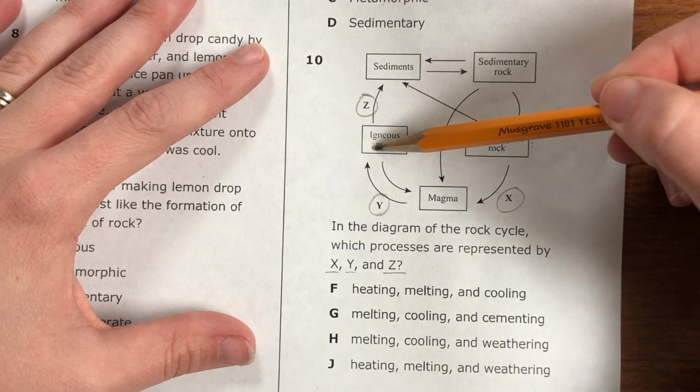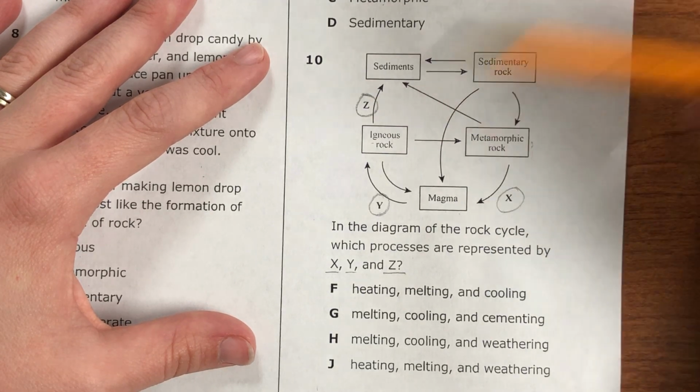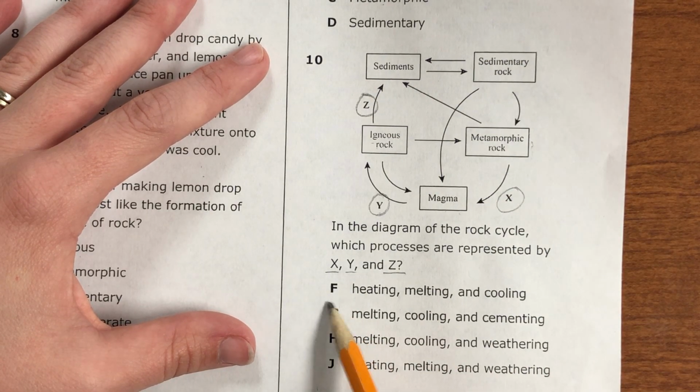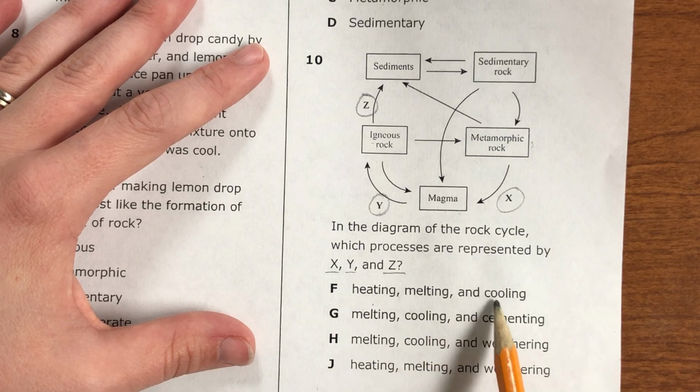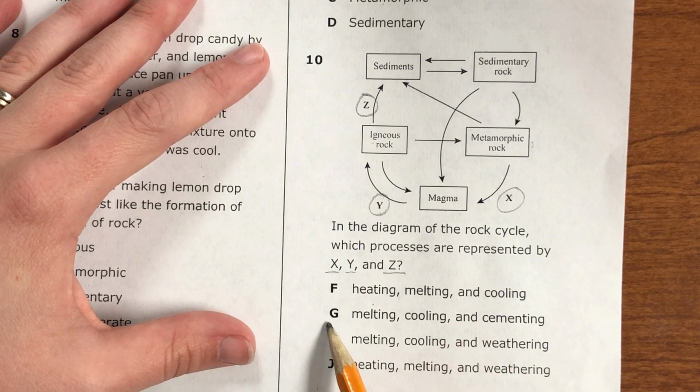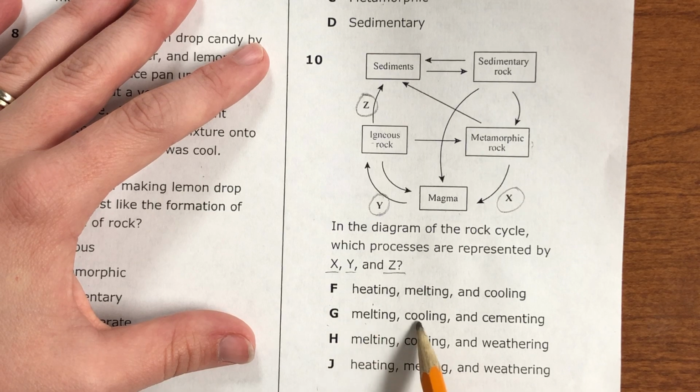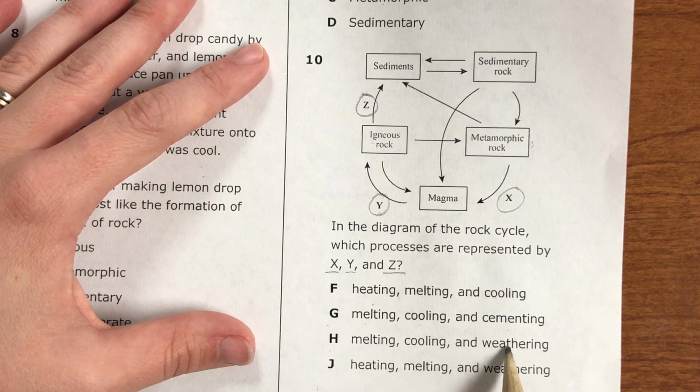And Z says igneous rock changes into sediments. So looking at that, is it F, heating, melting, cooling? G, melting, cooling, cementing? H, melting, cooling, weathering? Or J, heating, melting, weathering?